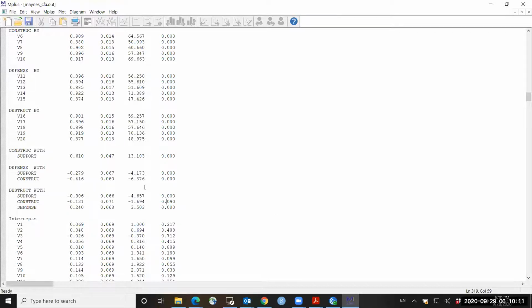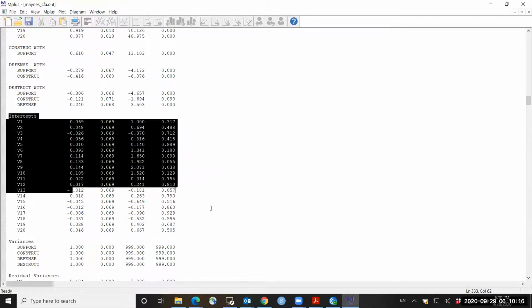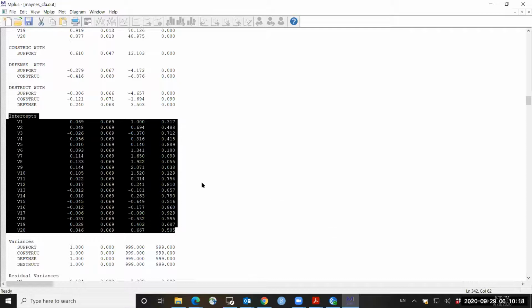Now, these are the intercepts. Intercepts are not that interpretable, so we usually don't even report them, because the CFA model is the indicator equals the intercept plus the factor loading times the factor score plus error, right? The intercept is not very interpretable.